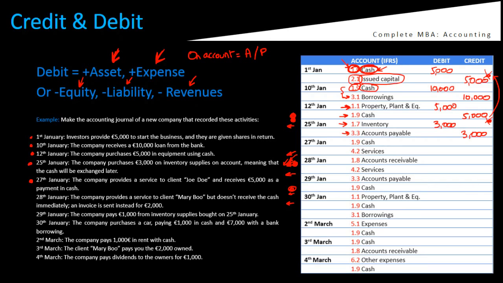27th of January. Here, the company provides a service to client Joe Doe and receives 5,000 as a payment in cash. Well, here you very quickly have to identify that a 5,000 increase of cash means that the cash is the debit. Remember that what we always do is first of all identify two accounts. So we can identify first that we're getting cash. That's the 1.9 that we always talk about, cash. And the second one is we're providing a service.